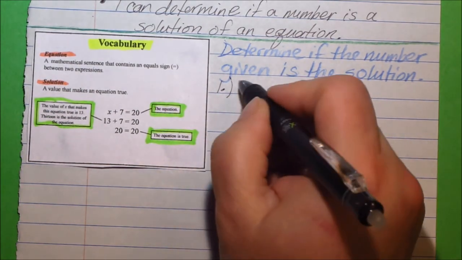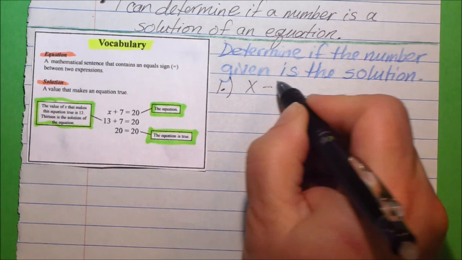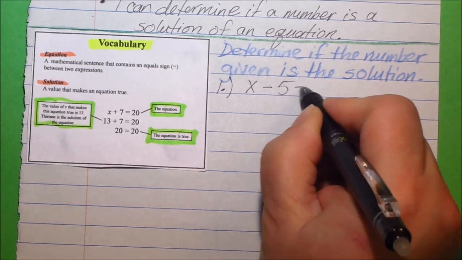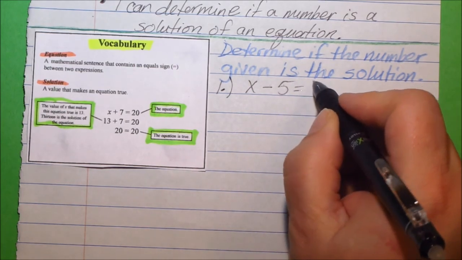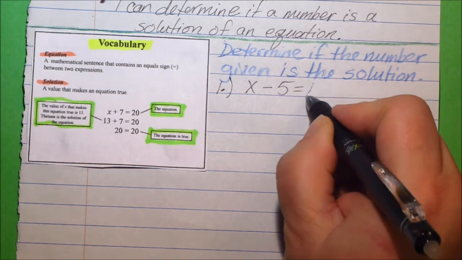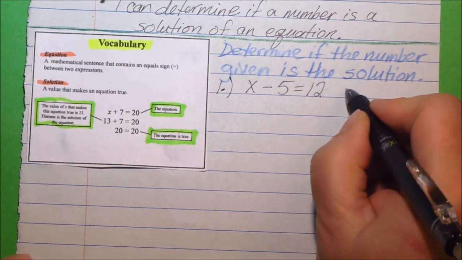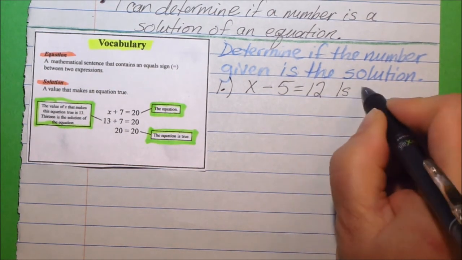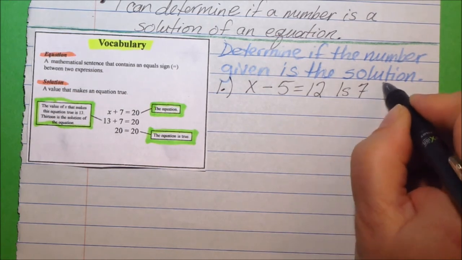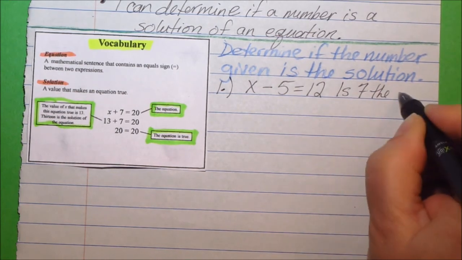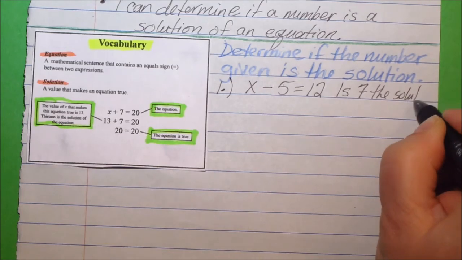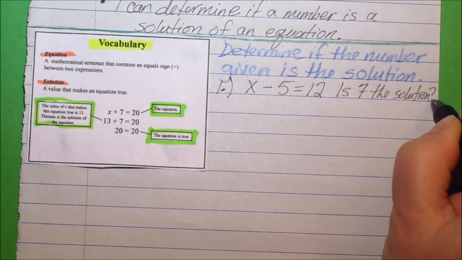Problem number one is x minus 5 equals 12. Remember, these are equations. All right, and it asks, is 7 the solution? I'm going to have to write small there.